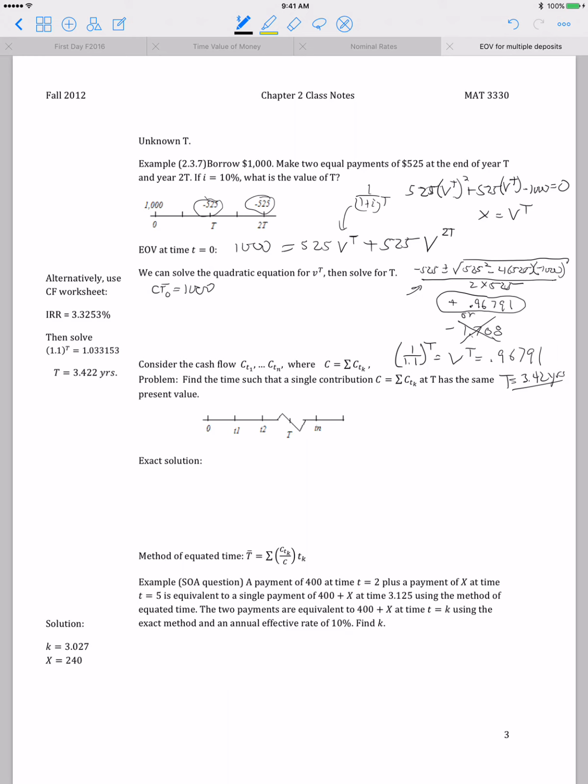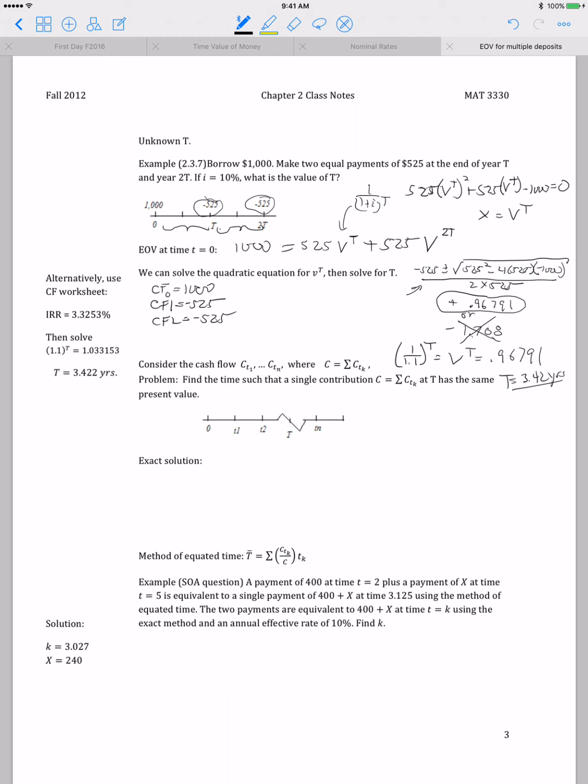We're going to go ahead and put positive 1,000 for the amount borrowed since we received that. Cash flow at time 1, that's going to be our payment, so we'll associate a negative sign with that payment, negative 525. Cash flow at time 2, also negative 525, where when I say time 2, we have equal increments of time here between the cash flows.